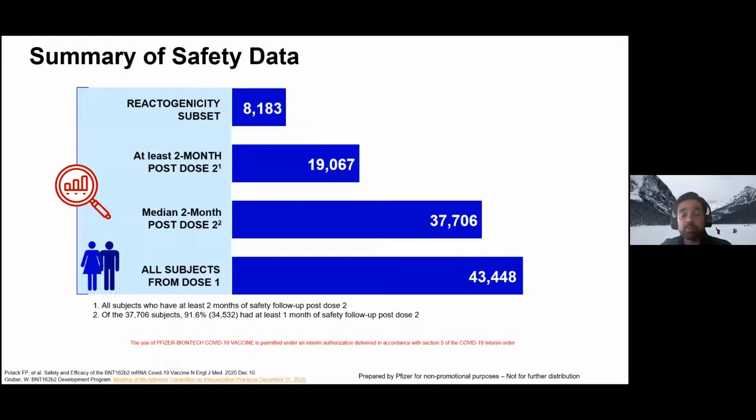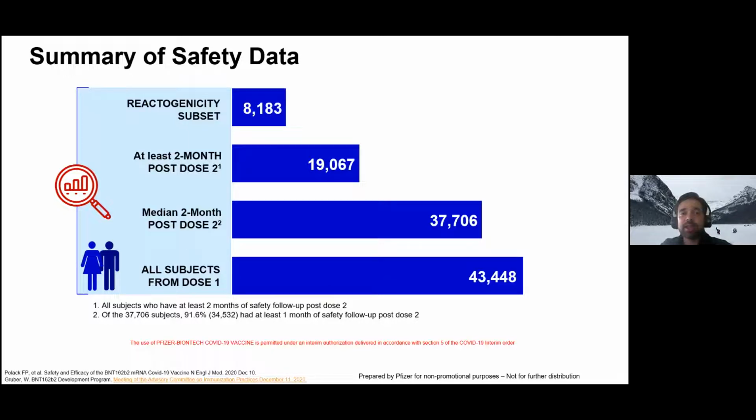There were a little over 37,000 participants with median 2-month post-dose 2 follow-up, and this is what was mandated by FDA at that point. There were a little over 19,000 participants who had at least 2 months of post-dose 2 follow-up, and there was another subset of a little over 8,000 participants, which we call the reactogenicity subset. And I'll show you the data from that group in the next slide.